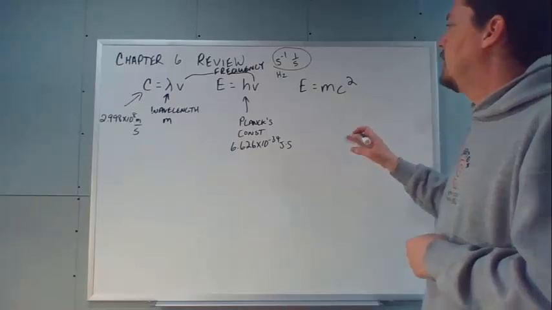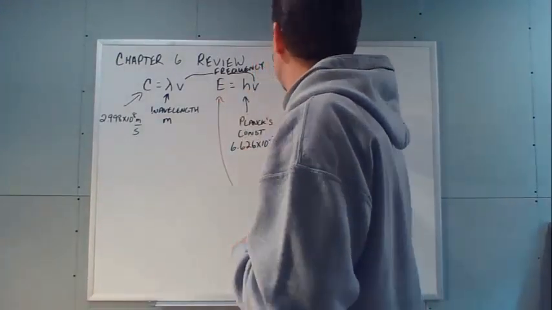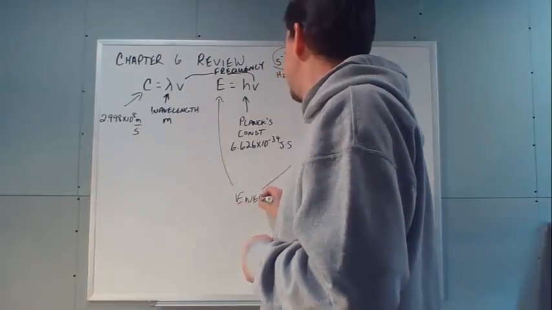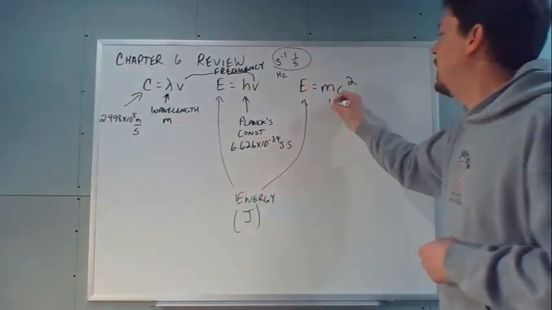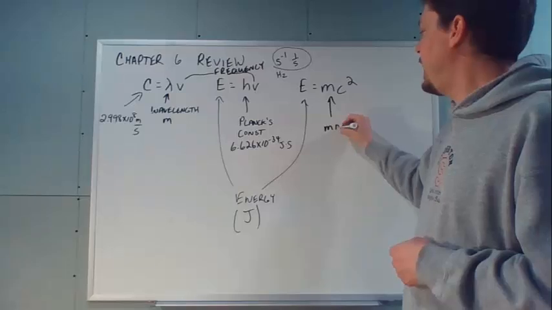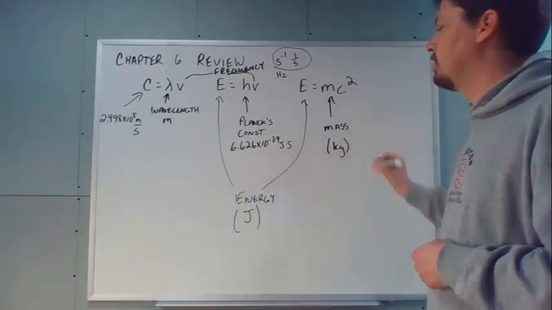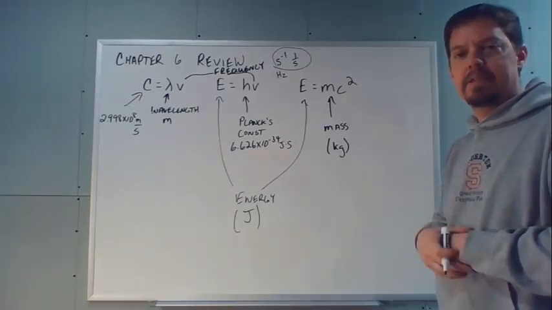And then E is energy, and that energy is in joules. m is our mass, which is the only time in chemistry I'm going to say this: it has to be in kilograms, right? Those of you that have done a lot of physics know that we do masses in kilograms.